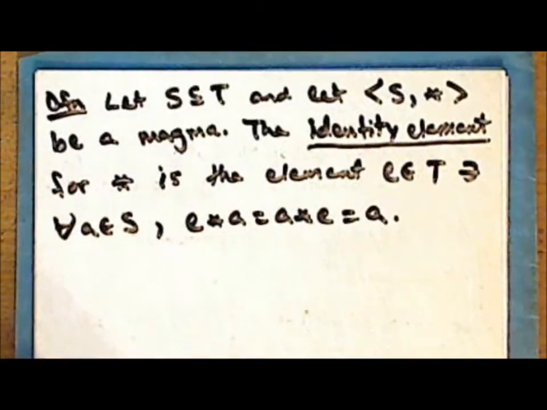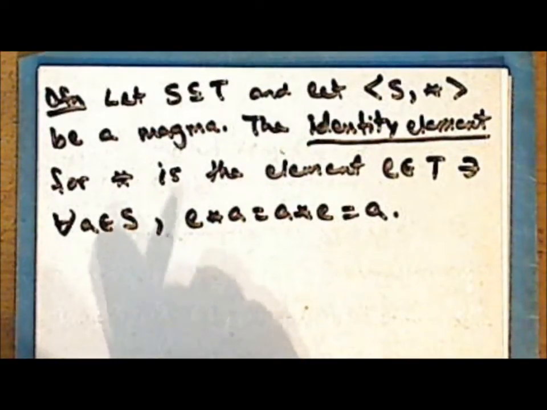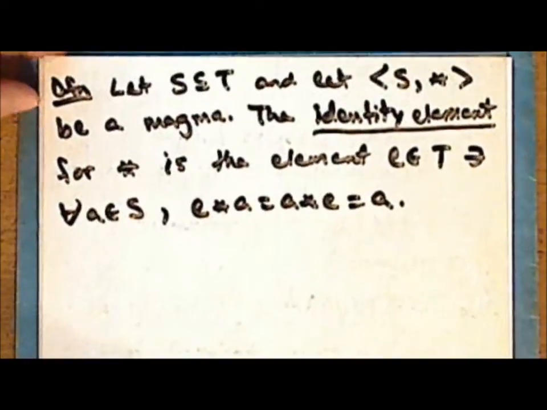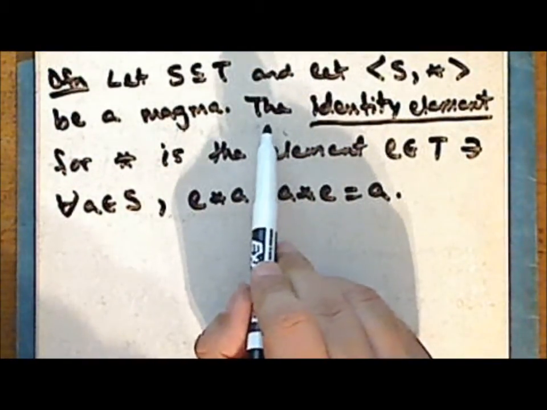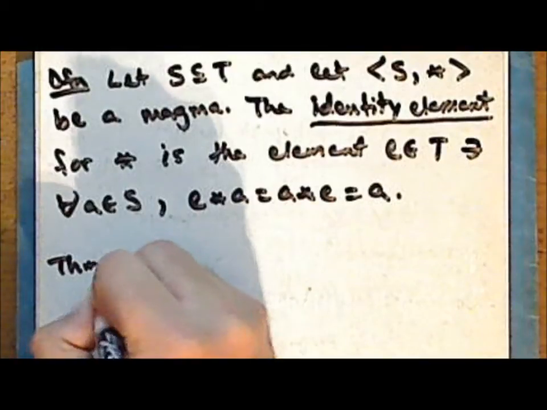Now, it is not necessary that the operation be commutative over the entire set, but the identity element and any element of the set commutes. All right? So notice that I said the identity element, indicating that there's only one. We need to now prove that.